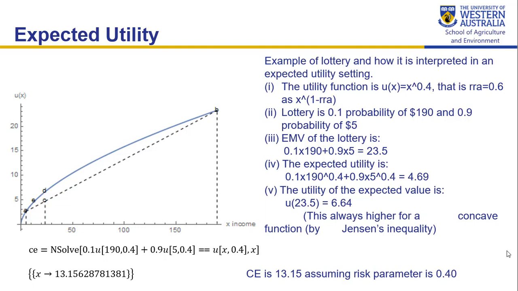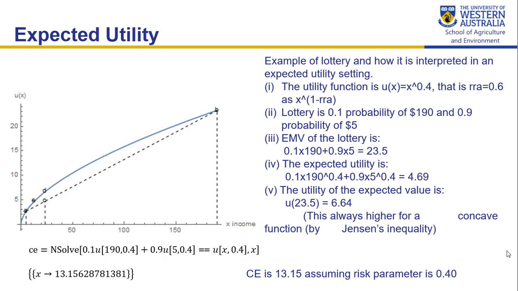The expected utility of this lottery is 0.1 times 190 to the power 0.4 plus 0.9 times 5 to the power 0.4, which is equal to 4.69. And the utility of the expected value is 6.64.